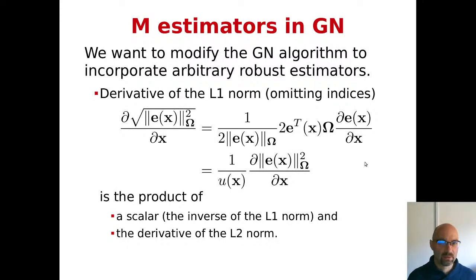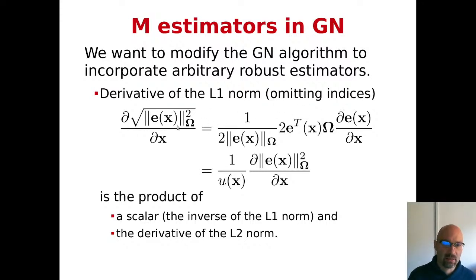Now, having written the derivative of the L2, we can write the derivative of the L1. If you have the derivative of the square root of something squared, this derivative becomes 1 divided by twice the square root of the object, which multiplies the derivative of the argument.